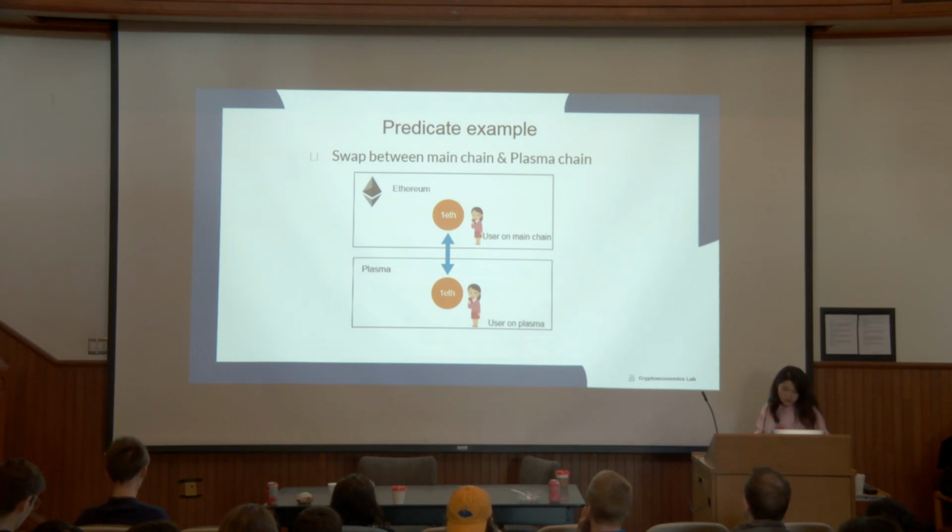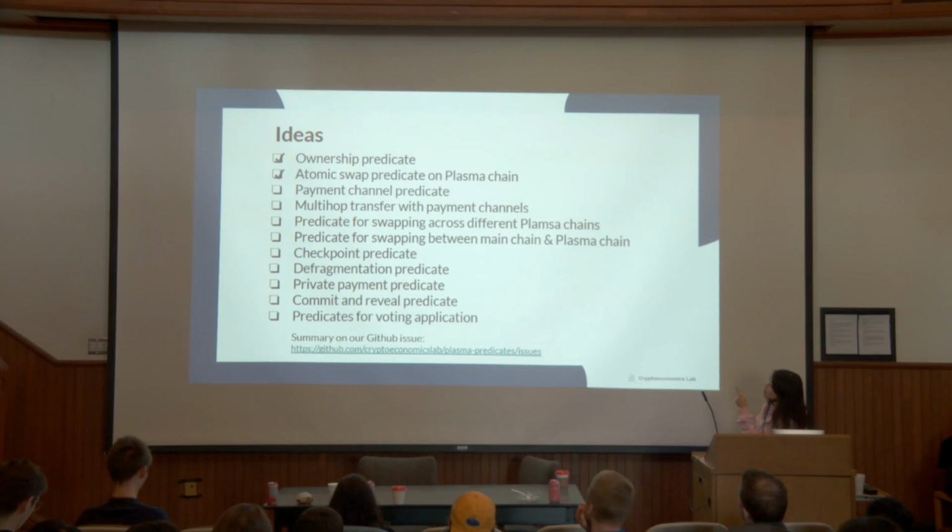So, introducing one of the predicate examples, I listed swap between main chain and plasma chain, I think in the 5th row.